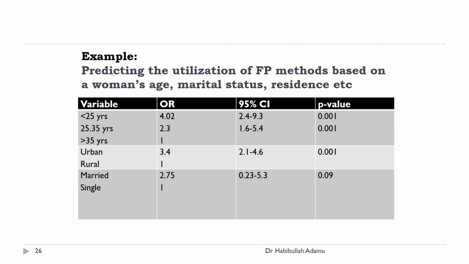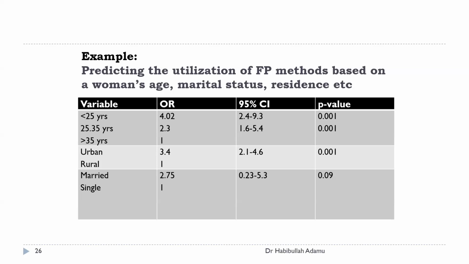So that means there are at least two things you need to consider when interpreting 95% confidence interval. First thing, that value you are looking for, is it included within the range? If it is there, plus. Then the second thing is the range. Does it include the null value? For odds ratio, we said the null value is 1. So does it include 1?